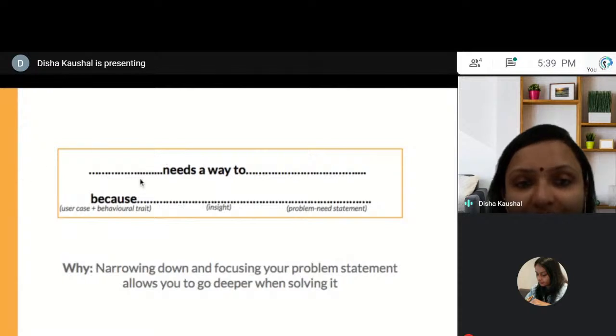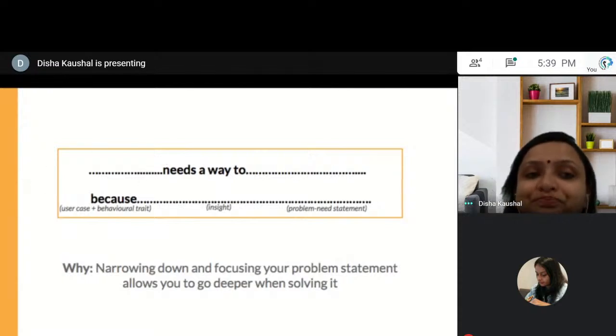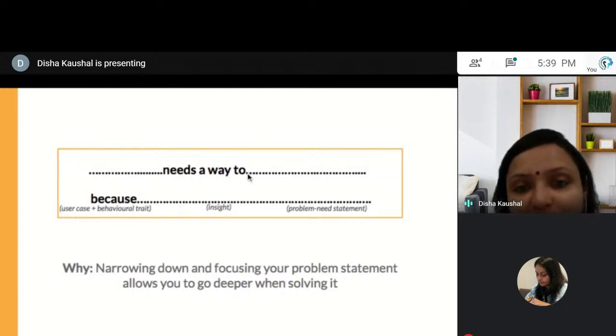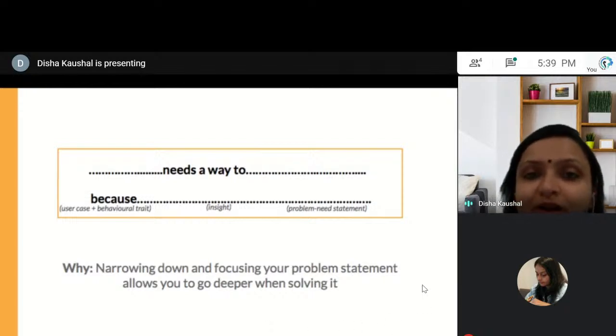Say, for example, if you're talking about a paramedic who is overworked or exhausted because of the COVID-19 emergency, needs a way to properly and efficiently conduct their duties, at the same time maintain a good work-life balance, because he or she is having a burnout due to excess working hours, which in turn can cause medical casualties.